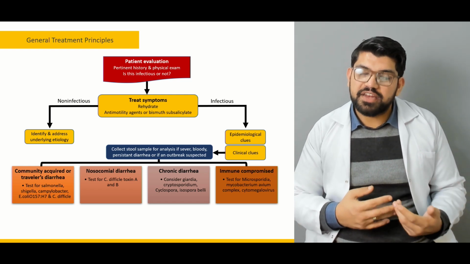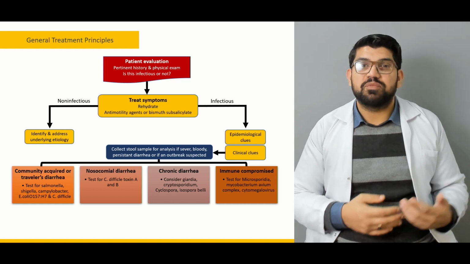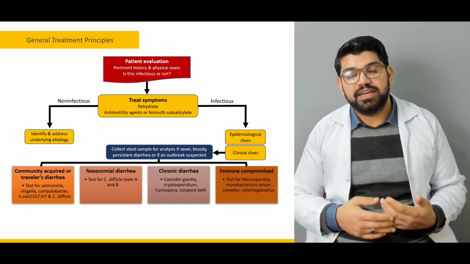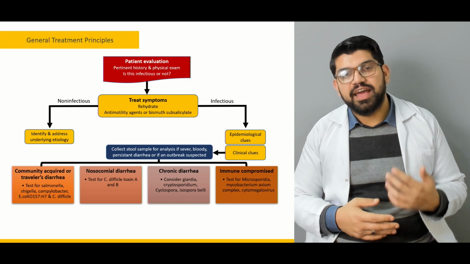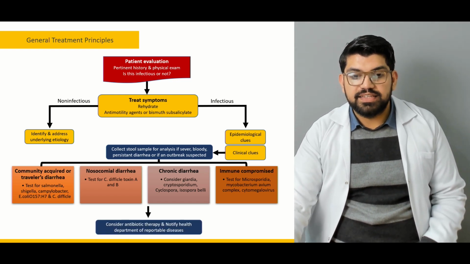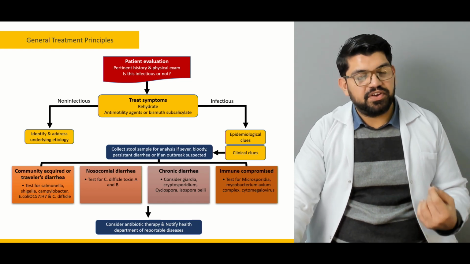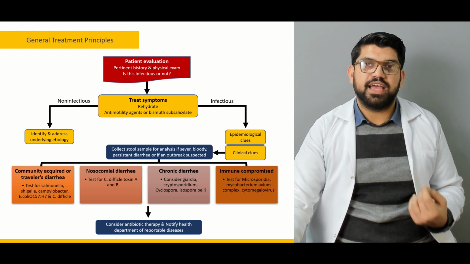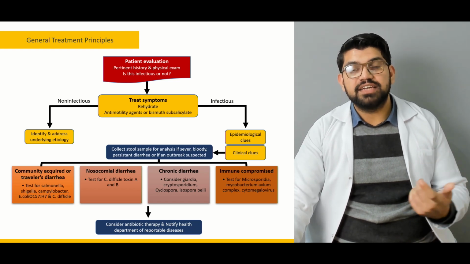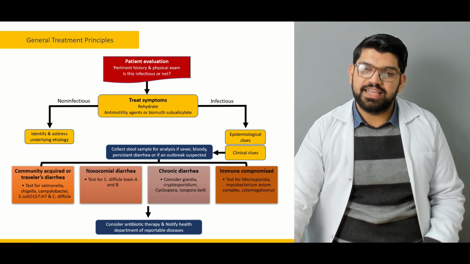These organisms produce diarrhea for a longer period of time, and that needs adequate antibiotics and longer treatment. Consider antibiotic therapy and notify the health department. It is very, very important to notify your health department if there is an outbreak. This can help secure and treat many other patients who are not even aware of this outbreak.